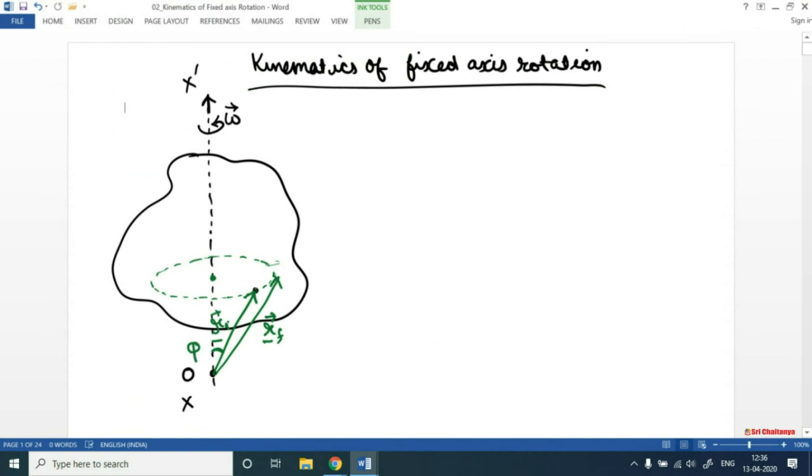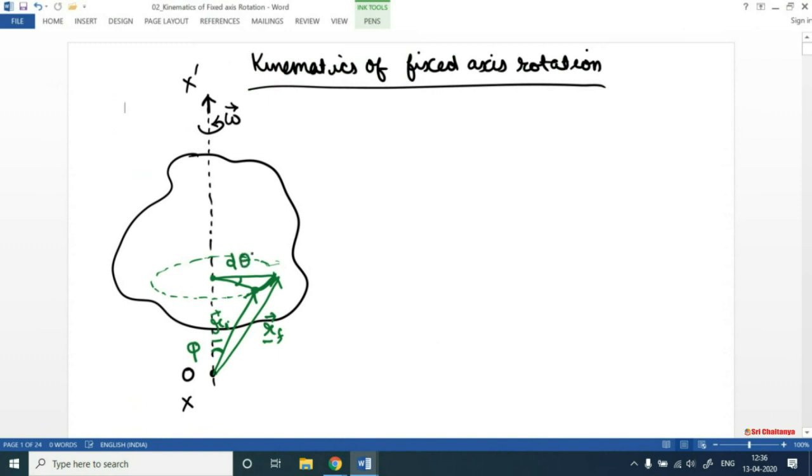The point has moved from here to here on the circular path. Its angular displacement would be this term over here, which we can write as d theta.